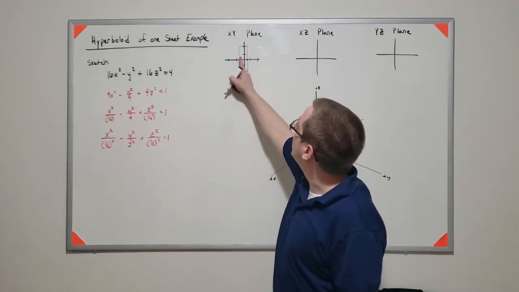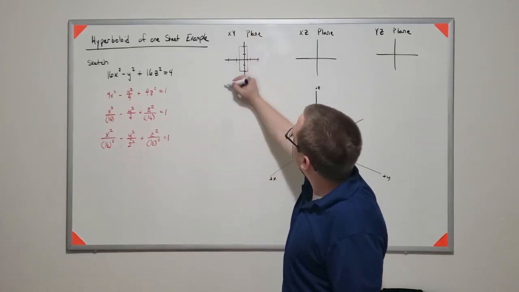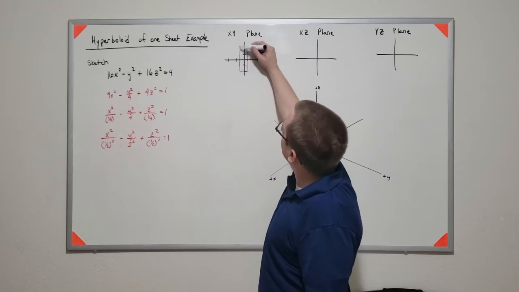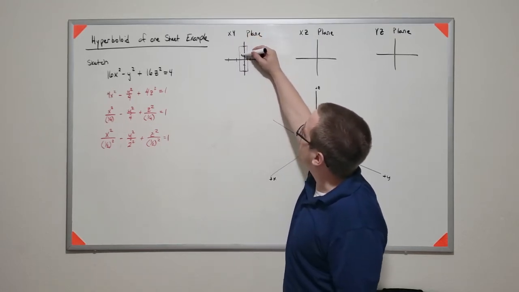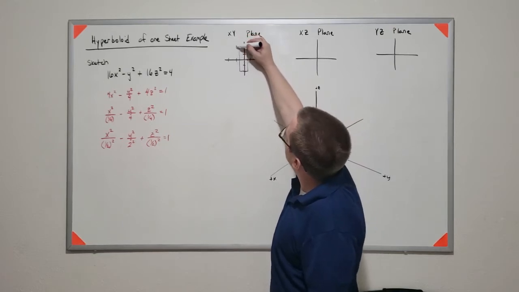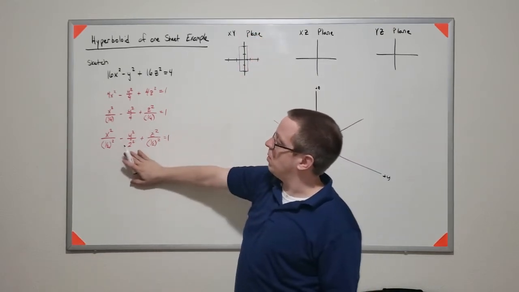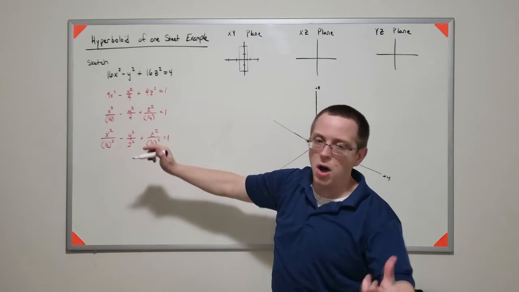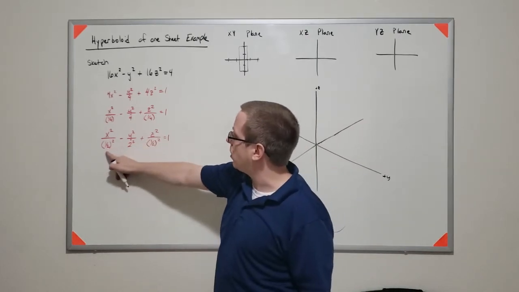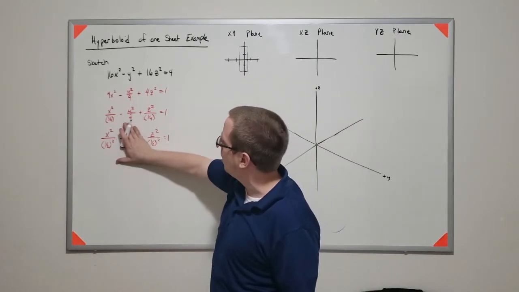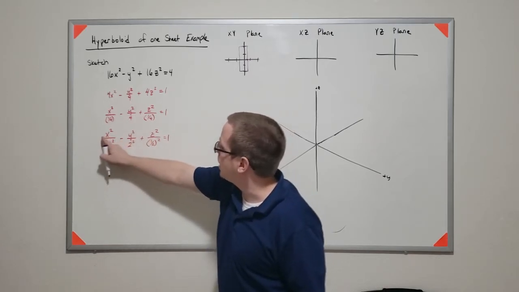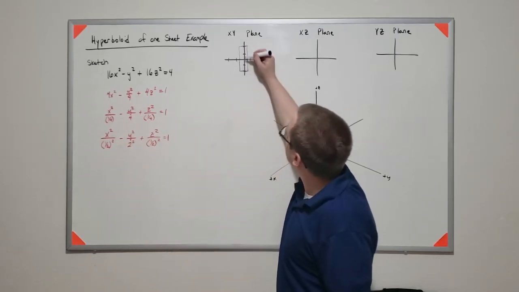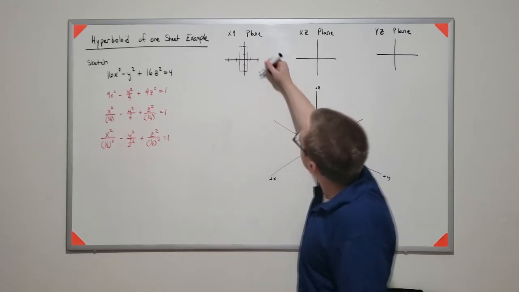So you know that you don't have a hyperbola that strikes where x is equal to 0. It has to strike where y is equal to 0. So if y was 0, then x would have to be that 1/2 here.